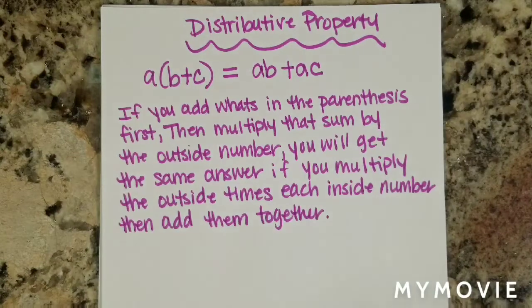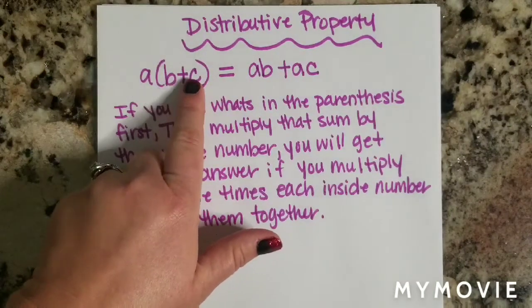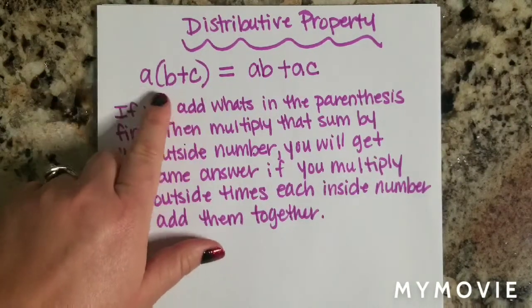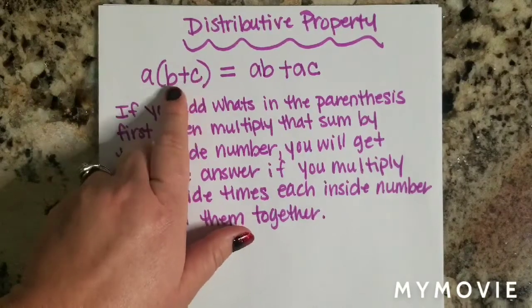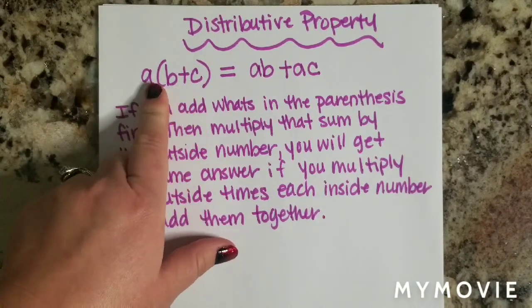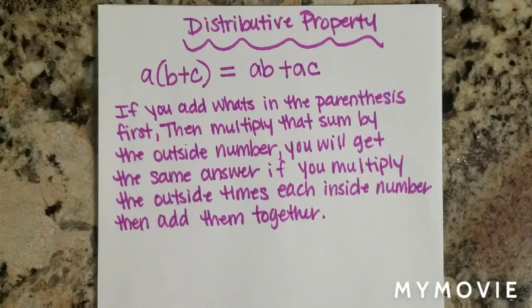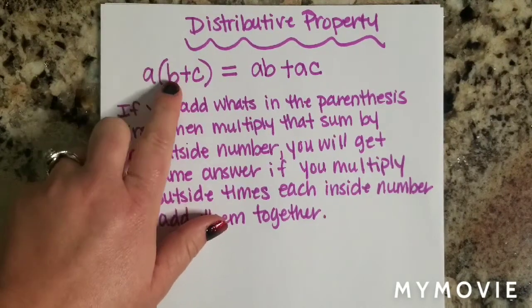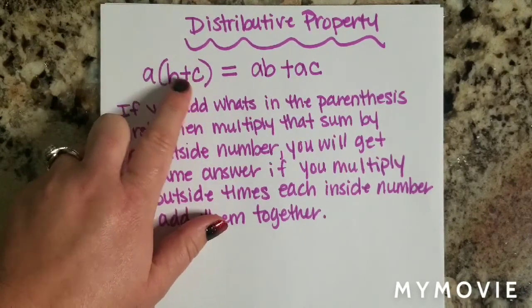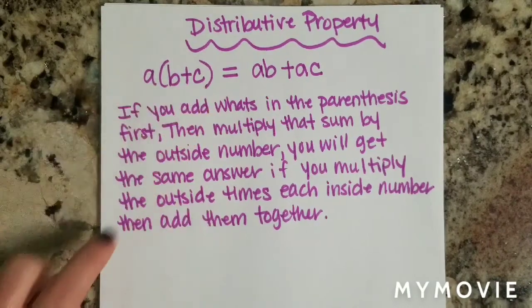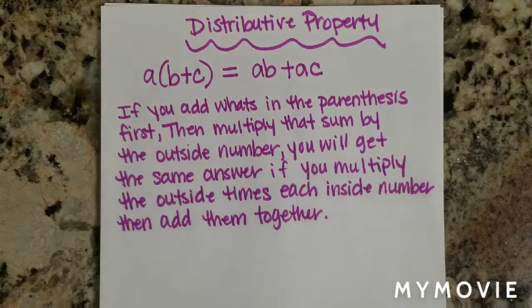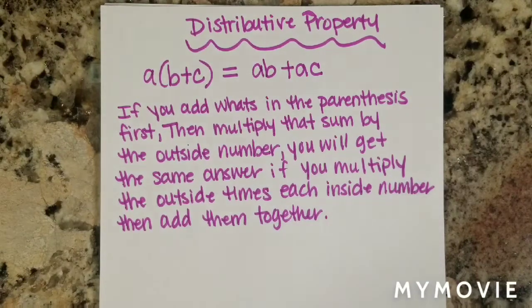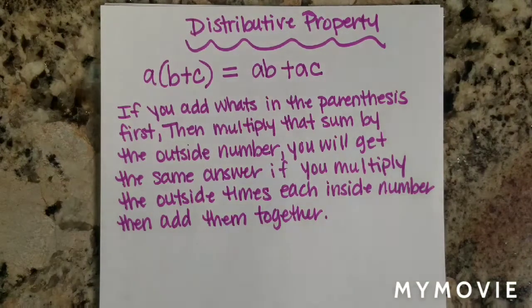So, if you add what's inside B plus C, and then you multiply whatever B plus C is equal to times the outside number, you'll get the same thing as if you said A times B first plus A times C. Now, I know that still seems like it's clear as mud, but let's put some numbers in, and I think it'll make much more sense.